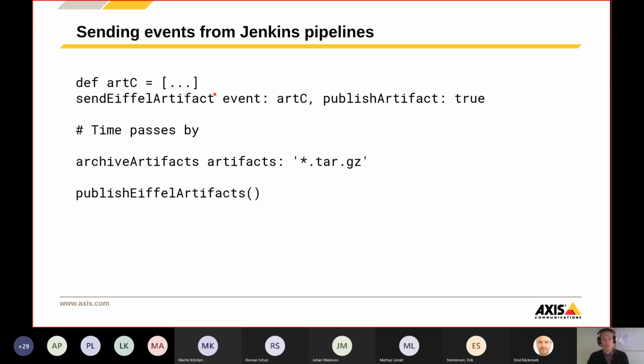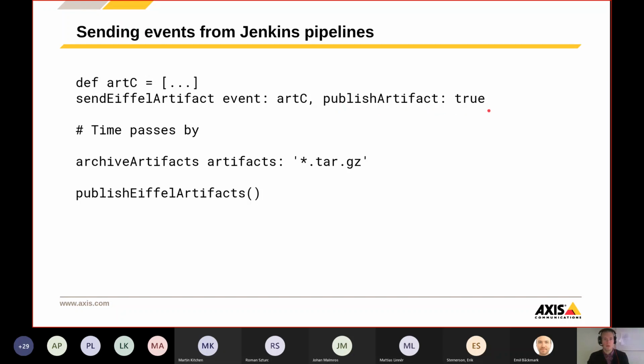But if you use this method instead of sending your artifact creation event, like in the previous example, we just sent a composition defined event, you would assemble your event somehow and use the send Eiffel event pipeline step. But you also provide an additional argument, publish artifact, that you set to true.